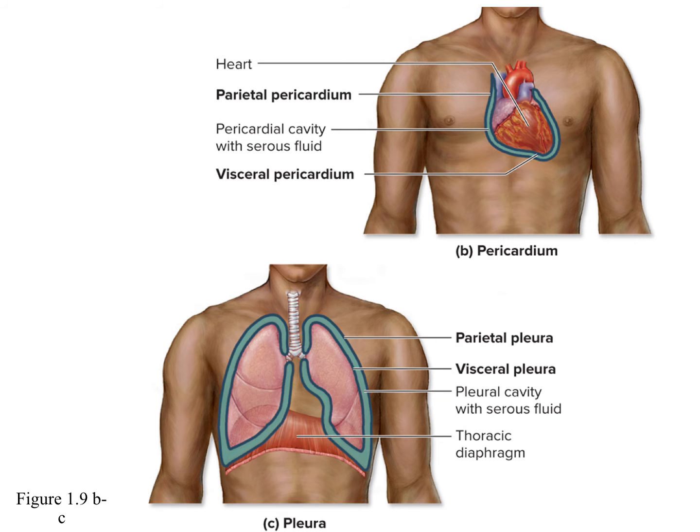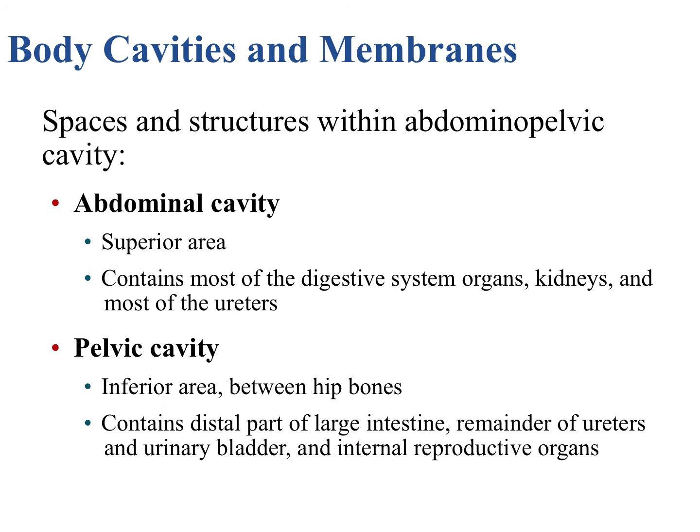Okay, so here you see a pericardial cavity and the pleural cavity, kind of separation between the two cavities, even within the thoracic cavity. And then we talked about the abdominal pelvic cavity. Abdominal is superior, pelvic is inferior. And the abdominal cavity includes which organs?